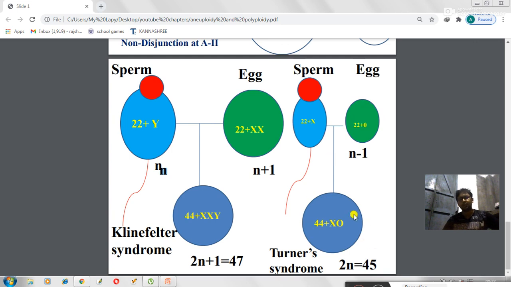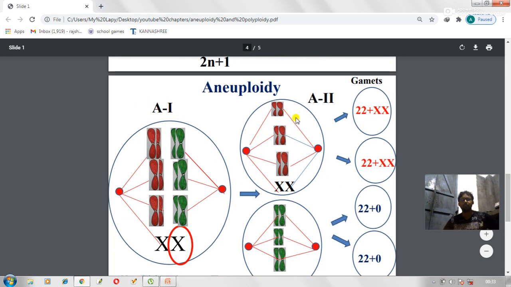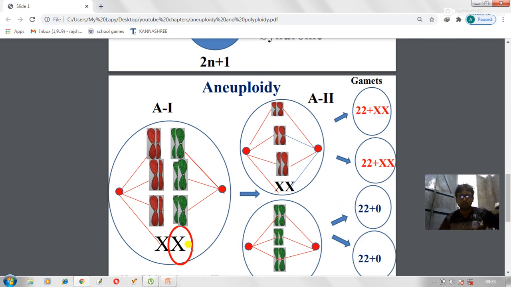So Turner syndrome develops due to unequal segregation of chromosomes during meiosis. Chromosomal disjunction is the term used when proper chromosomal segregation occurs, and chromosomal non-disjunction is the term used when chromosomes are not properly segregated into opposite poles.